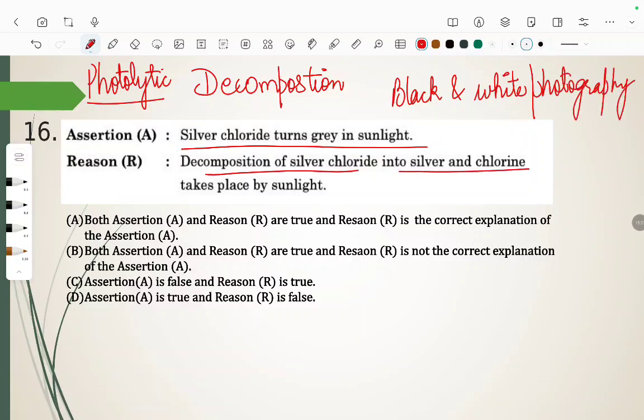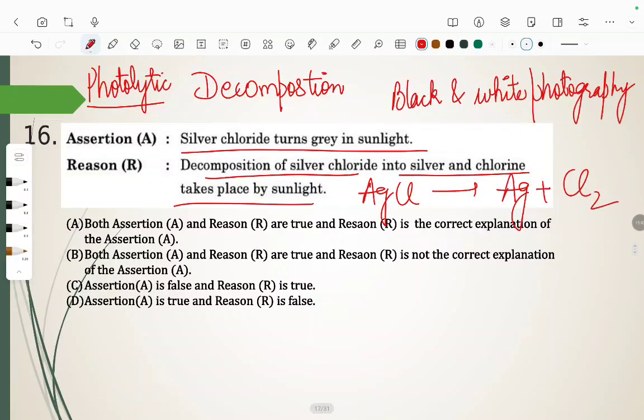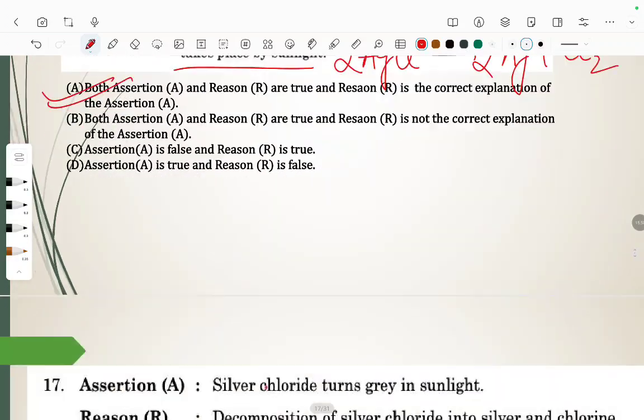Decomposition of silver chloride into silver and chlorine takes place by sunlight. Yeah, it's also true. AgCl decomposes into silver and chlorine gas. Now it's balanced. Done. So both are true and R is the correct explanation of A. A option is absolutely correct.